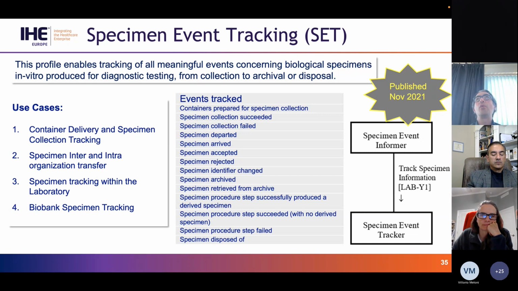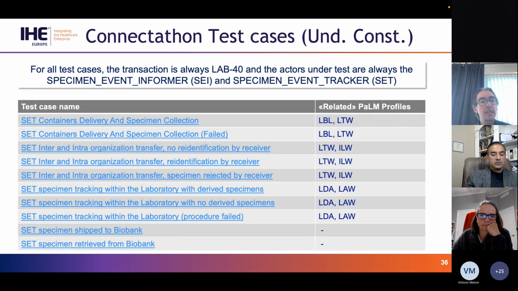What the actor will do with these events, for example, some mining and some business intelligence operations, are out of the scope of the profile itself. And this is the list of Gazelle tests which are under construction, as well as the DPIA, that we are planning to define and to propose also to the vendors.